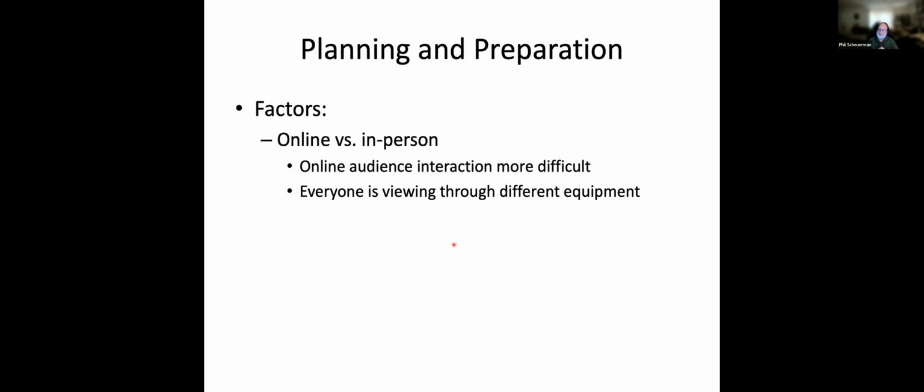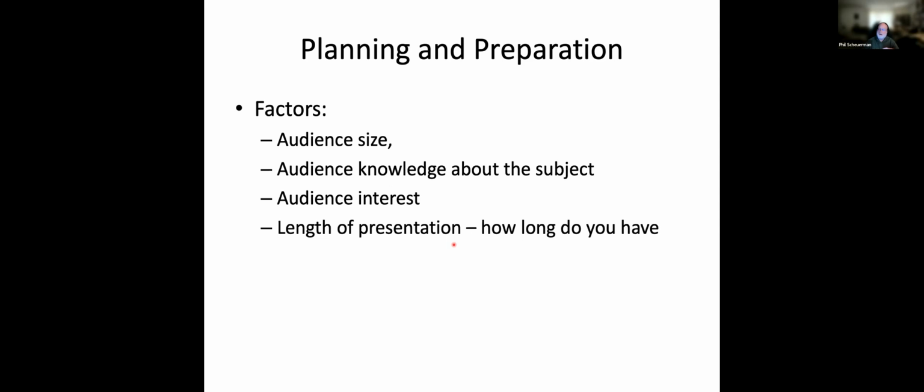So think about that. If you're in person, things you're interested in are the audience size and how big the room is. That isn't to say the audience size isn't important in an online presentation, but in an in-person presentation, there's going to be a lot more interaction, so you need to be more aware of how many people.